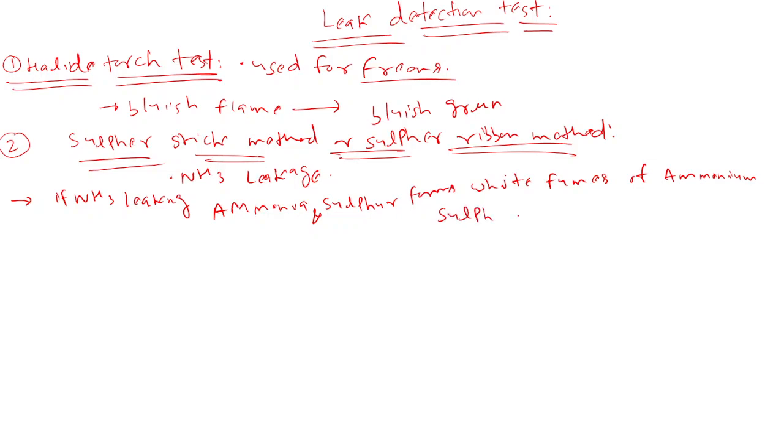So the sulfur stick test is used for ammonia leakage, and the halide torch test is used for freons. The sulfide formula is (NH4)2S. And the third one is the ammonia swab test.